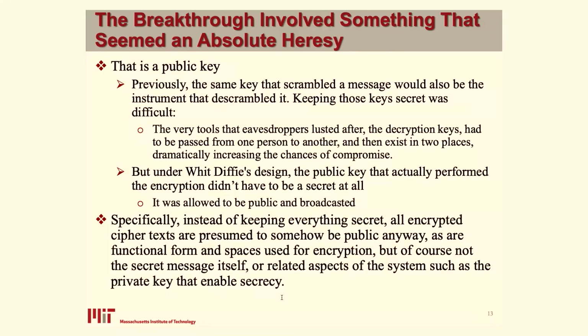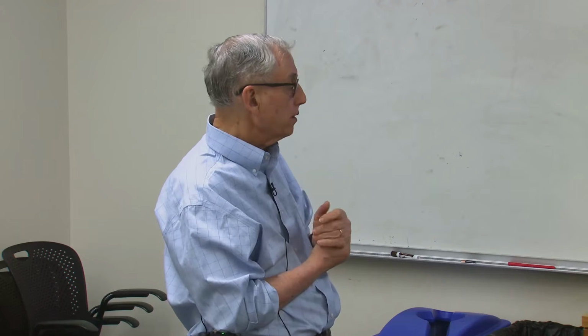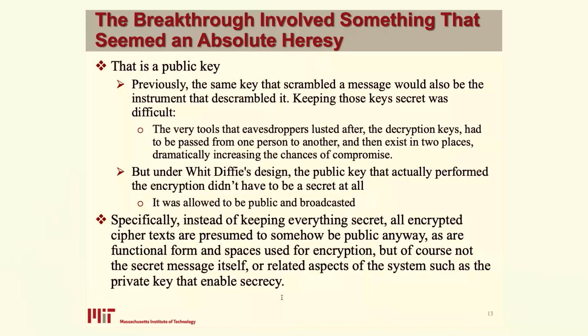So instead of keeping everything secret, almost everything is public. All the encrypted ciphertexts are presumed to be public. The functional forms and spaces used for encryption are public, but not, of course, the messages themselves, which need to be kept secure, and in particular, not the private key, which has to do with the decryption.